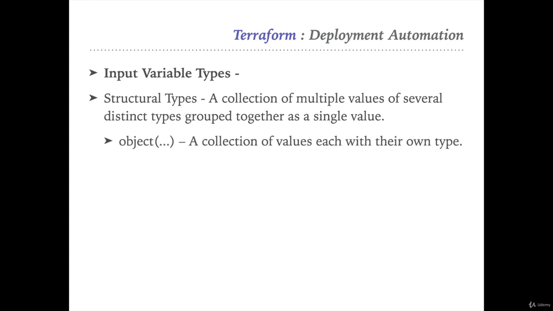So the first one is the object itself, which is a collection of values, each with their own type, and the second one is the tuple, right? The sequence of values each with their own type. It means we can group string, number, boolean together. We can group list, map, and set together. We can group string, number, list, set together. So there could be n number of combinations which you can group together within the object and the tuple, and you can use them.